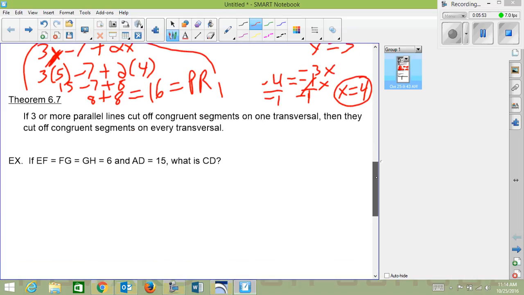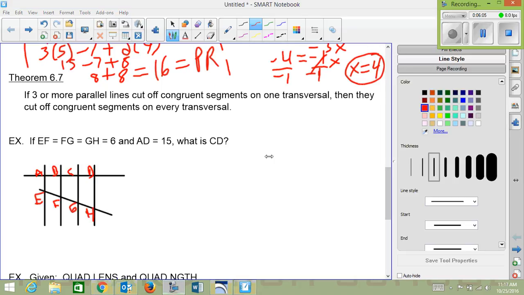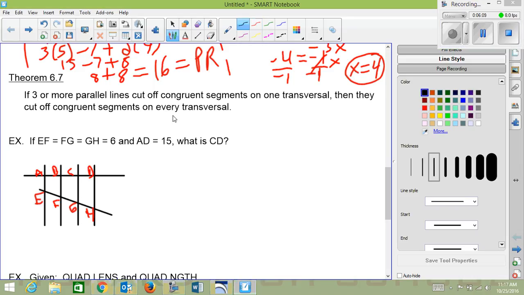Theorem 6.7 states that if 3 or more parallel lines cut off congruent segments on one transversal, then they cut off congruent segments on every transversal. Here is the problem to go with this one. If EF equals FG equals GH, and they all equal 6, and A all the way over to D is 15, what is CD?